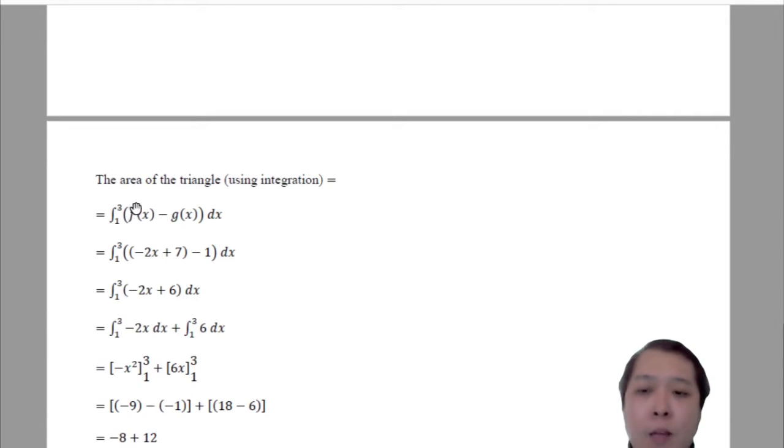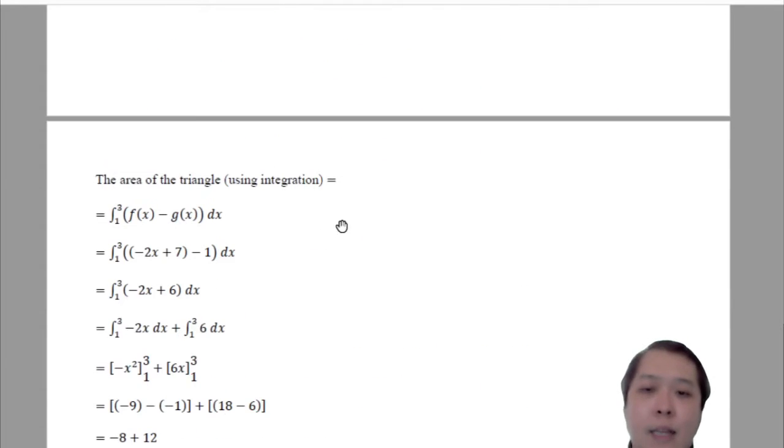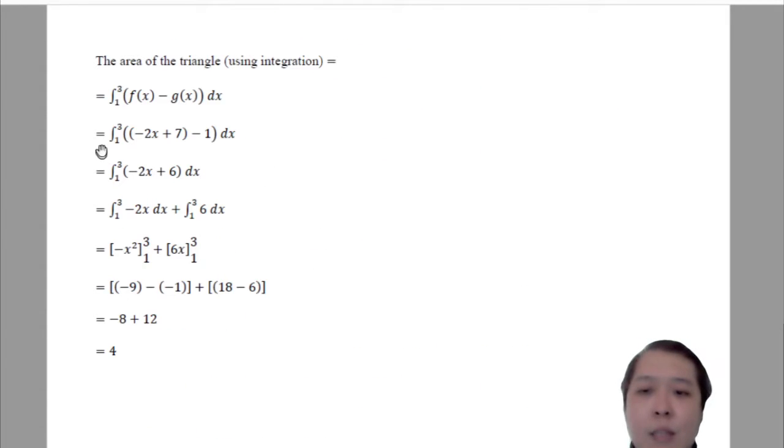Okay, so we just use this integration f(x) minus g(x), of course, interval 1 until 3. Side AC will be the lower limit of the integration, right? And f(x) minus g(x), because in this interval f(x) is higher than g(x). So we just subtract and then integrate directly because this is quite easy.